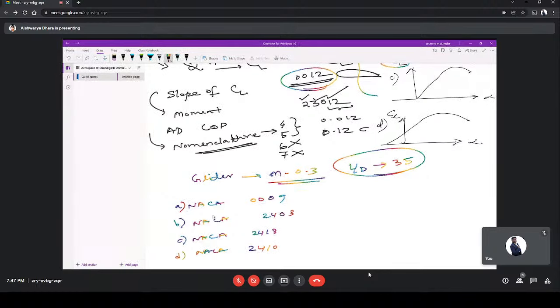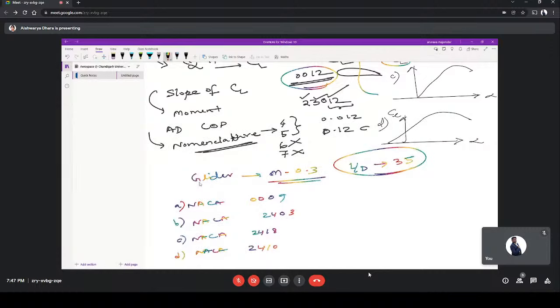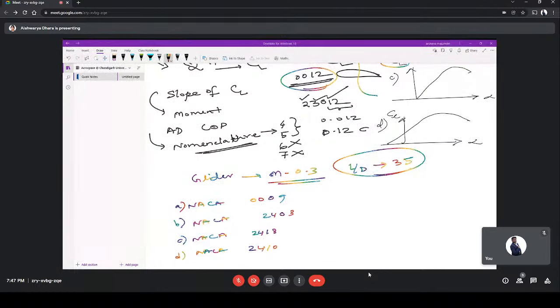So there are some options. Some designer wants to design a glider which is flying at Mach 0.3 and lift to drag produced around 35. So which is going to be the suitable choice of airfoil? There may be some questions like this, application based.